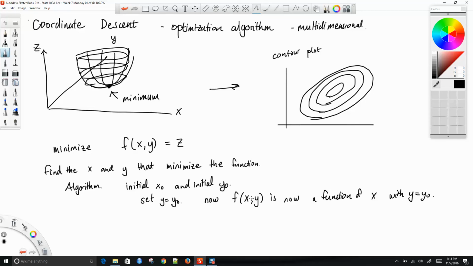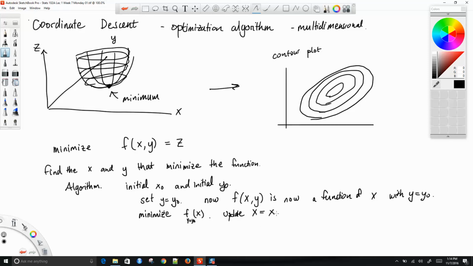So minimize f of x where y is equal to y0, and update x. I guess this will be x sub 1.